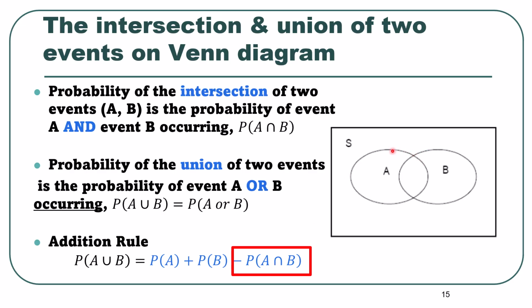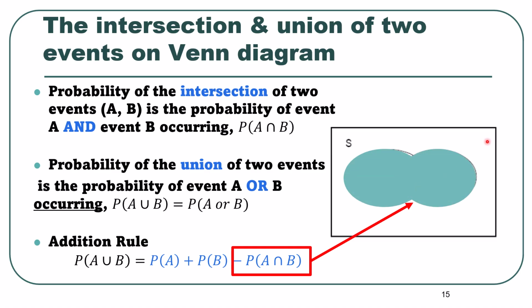The probability of A is that whole area, and the probability of B would be that one. As you see here, I added the intersection twice. That area is going to be added twice if I say probability of A, which is that one, plus probability of B, which is that one. So I need to take one of these away so that I have that area with only one common shared area in between.